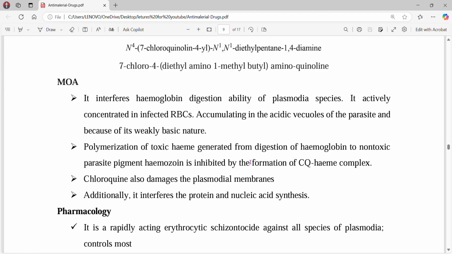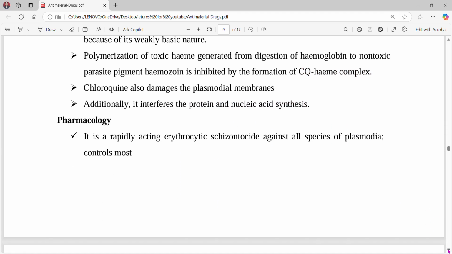Polymerization of the toxic heme generated from digestion of hemoglobin to non-toxic parasite pigment, that is hemozoin, is inhibited by the formation of a chloroquine-heme complex. Chloroquine also damages the plasmodial membranes, and additionally interferes in protein as well as nucleic acid synthesis.